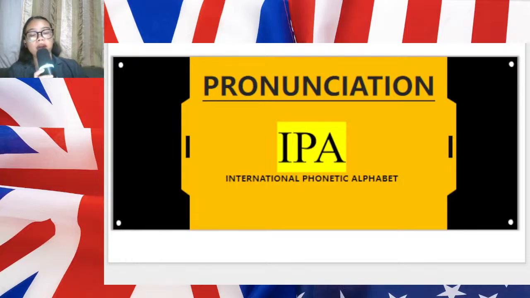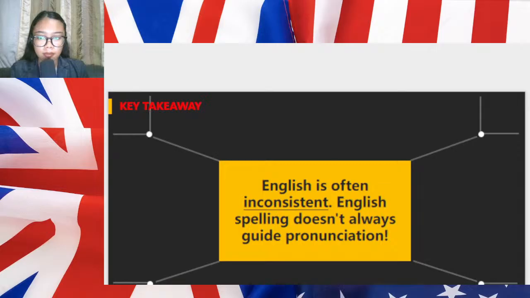So it's about giving you a powerful tool that you can use to confidently look up and learn the pronunciation of any English word without being tricked by its spelling. It's a game changer for clear communication. We're going to tap into the IPA. Let's immediately dive into this.